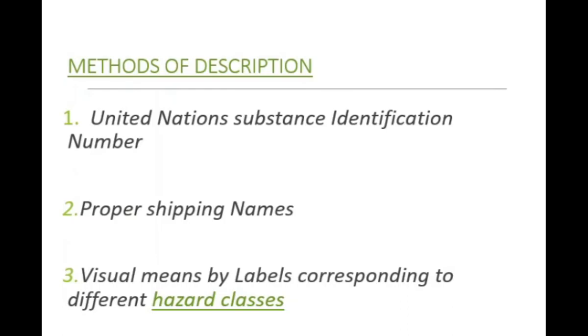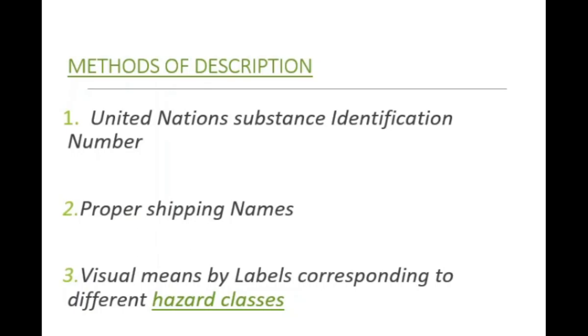Similarly, there are three also ways in which dangerous goods are described. There are three methods of identification, and there are three methods of description. The first description is the United Nations Substance Identification Number.